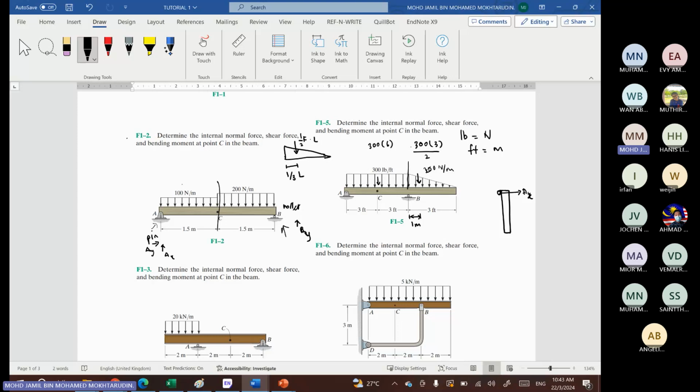And then at point A, you have reaction AY and reaction AX. And point B, it's a roller, so you only have BY.